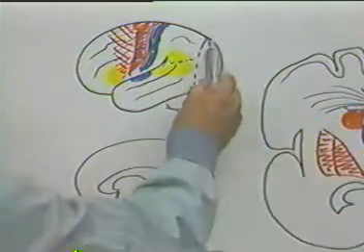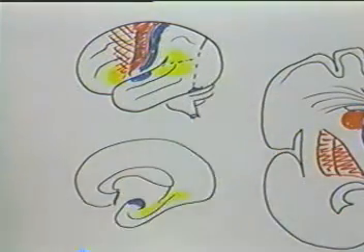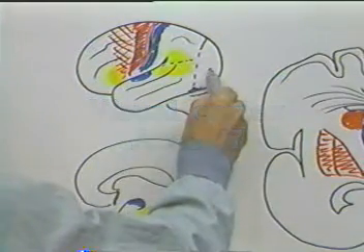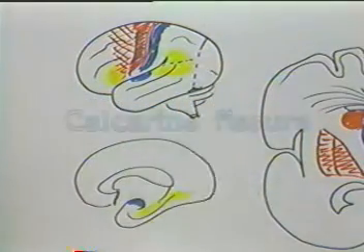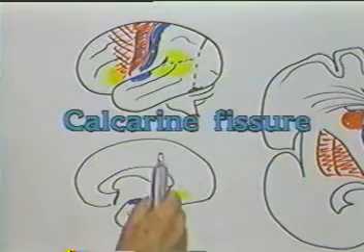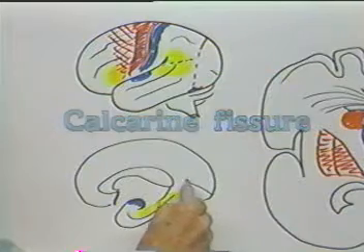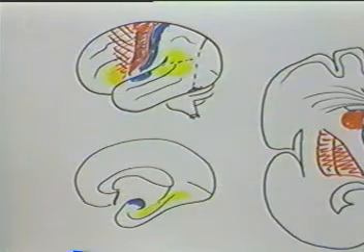The occipital lobe is primarily related to visual function. The primary visual cortex, area 17, is located in the area of the calcarine fissure, most of which is located here on the medial side of the hemisphere.